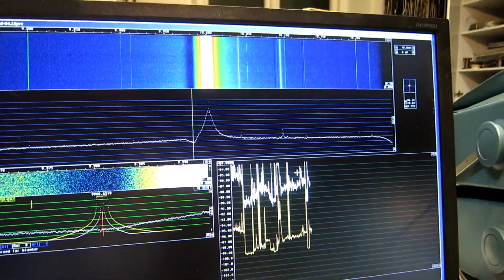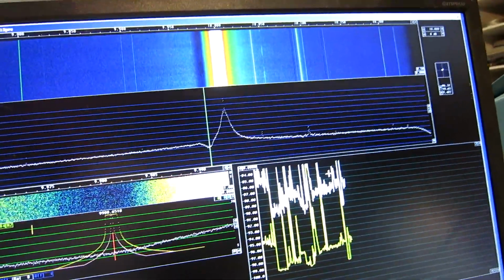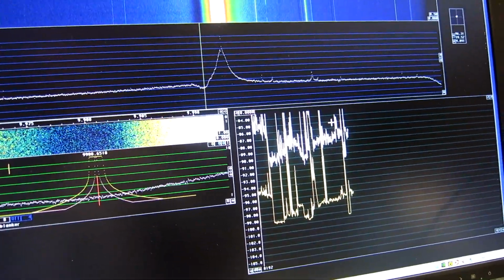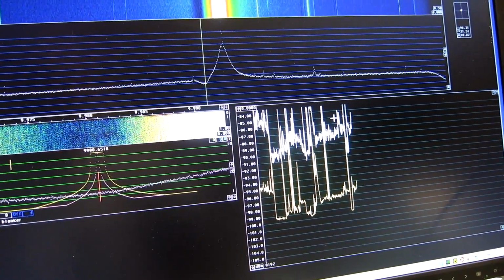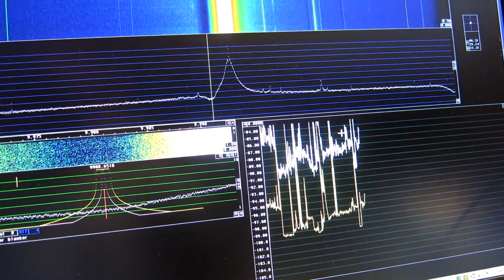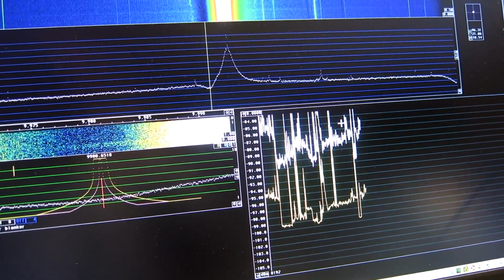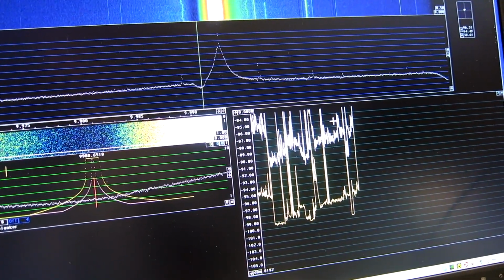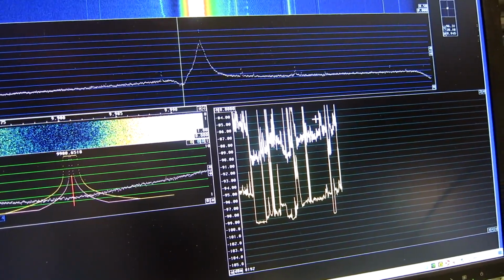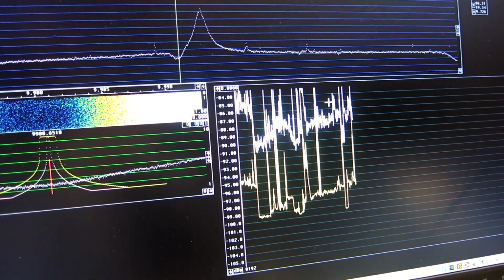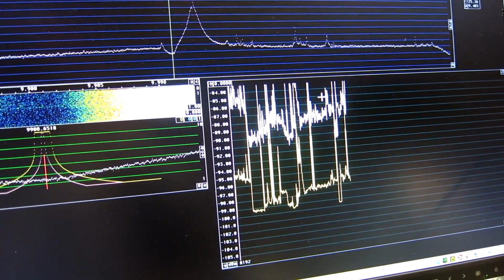Now I increase the power in steps of 1 dB. 1 dB. One more dB. One more.